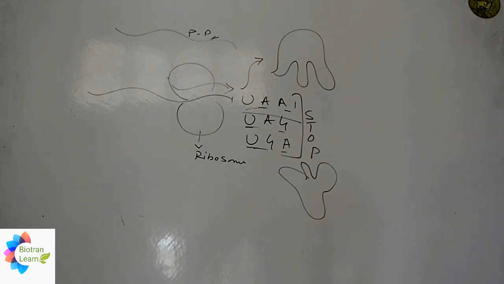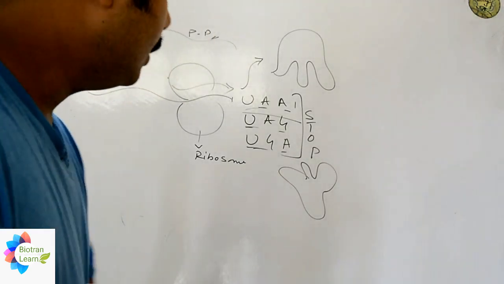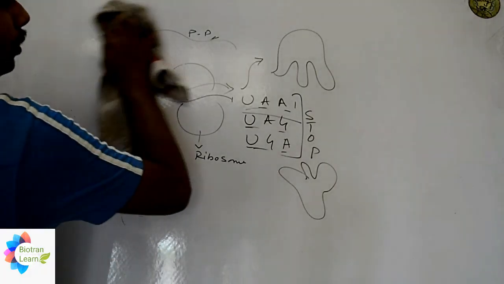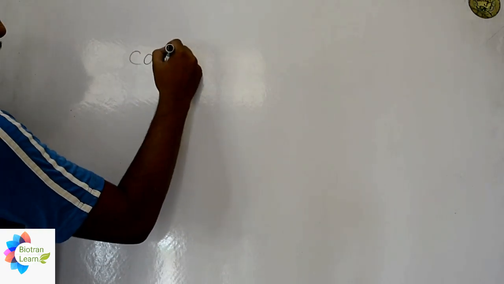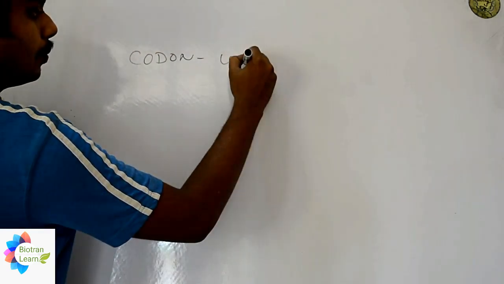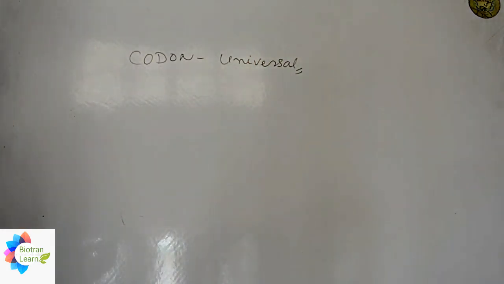In case of mitochondrial codons, we can find different kinds of codons in case of phenylalanine, right? So why are codons known as universal codons? What does it mean?